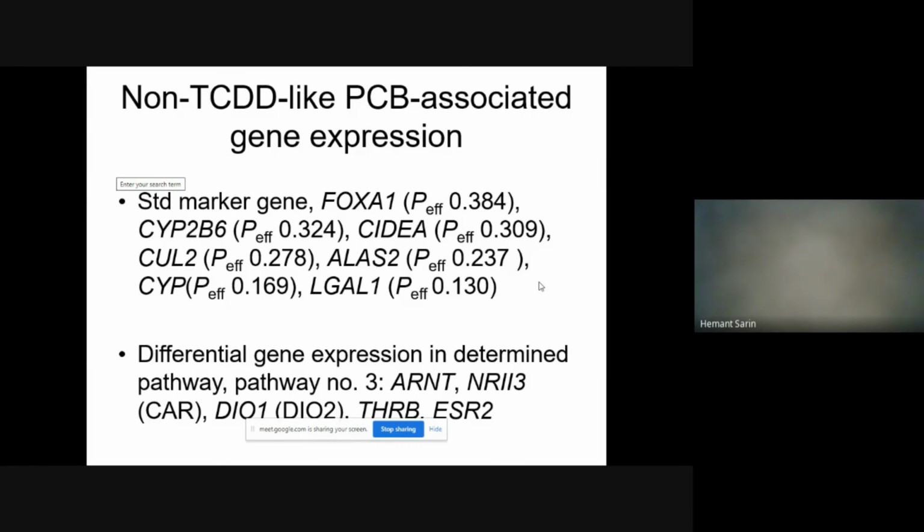and the androgen receptor pathway, which is the latter pathway, the third pathway, in which the thyroid receptor beta and deiodinase 1 and 2 are implicated along with estrogen receptor beta. This pathway is more towards apoptosis.